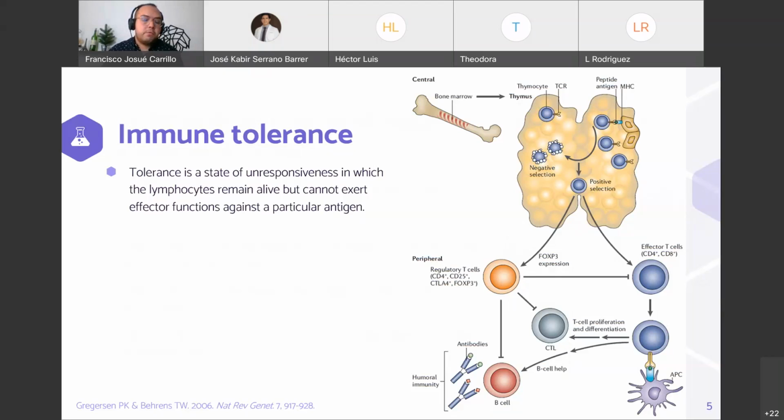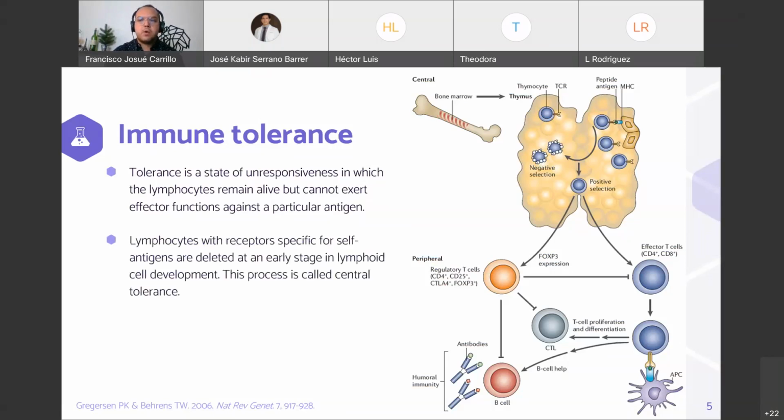So we know that all the lymphoid cells are generated from the bone marrow, and especially the T cells migrate to the thymus, and in this tissue, they experience some mechanisms known as positive or negative control mechanisms.